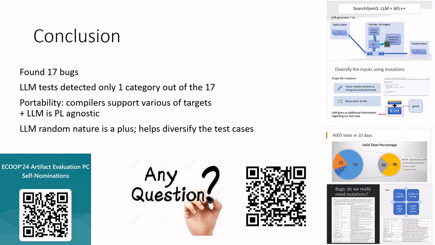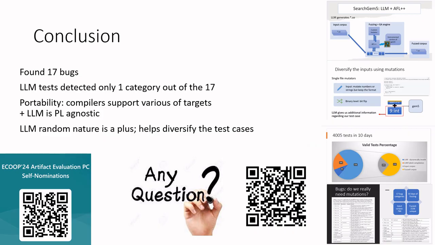So just to conclude, we were able to identify 17 different categories of bugs when only with LLMs we were able to identify one category. So we think that actually this was a very successful approach in terms of technical challenge in order to identify bugs in these kinds of complex systems.